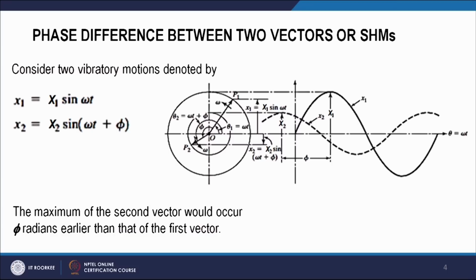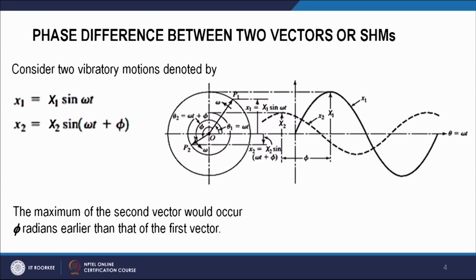OP1 has the angle omega t, this theta, and the OP2 vector has the angle omega t plus phi, and this is the corresponding simple harmonic motion plotted on the theta axis.